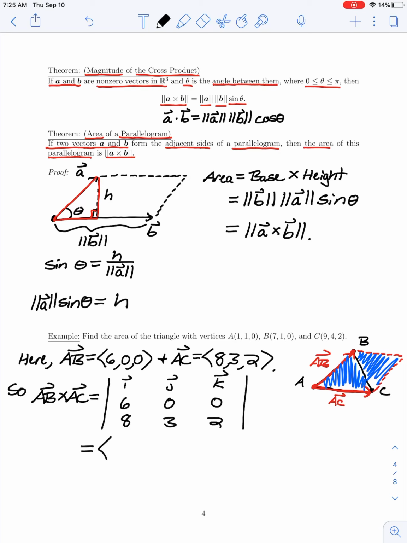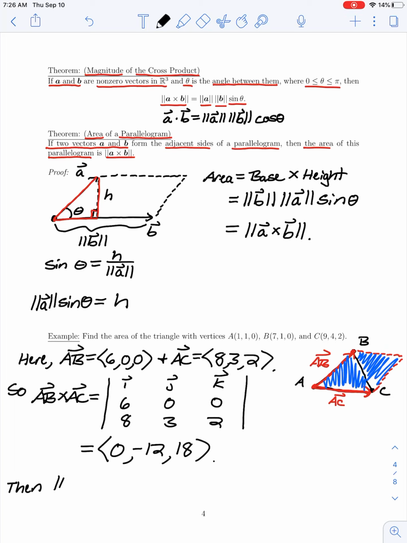So what we have for our i component would be 0 minus 0. For our j component, we would have 0 minus 12, or negative 12. And for our k component, we would have 18 minus 0, which is 18. Now, using our previous theorem, we know that the magnitude of this cross product would give us the area of the parallelogram, which we had sketched to the side here.